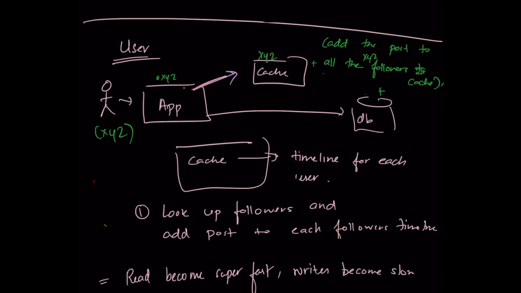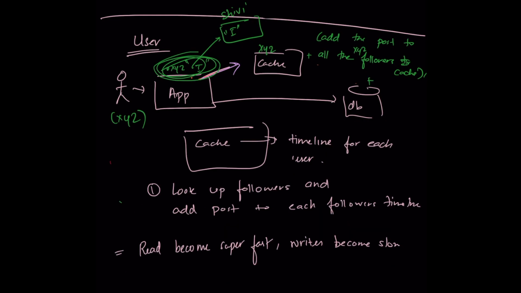Okay, so if I follow XYZ, this is my cache, and this message would also go into my cache. So just to reiterate, when the user makes a post, the application will look up the followers and post the message to each of the followers' caches.